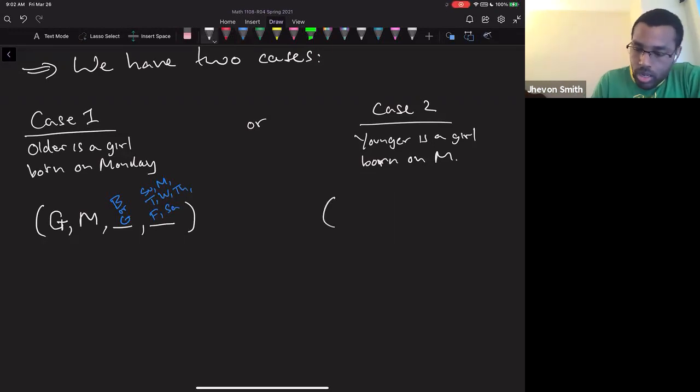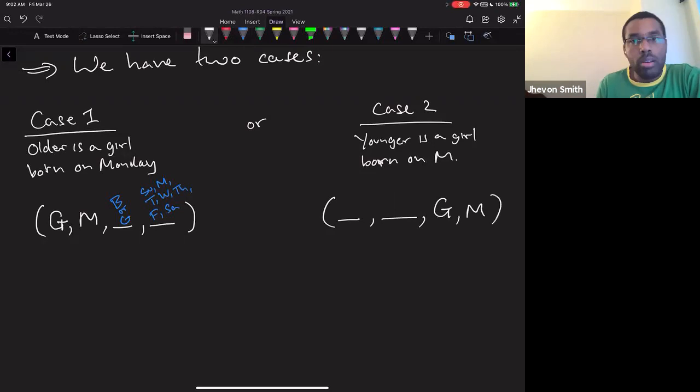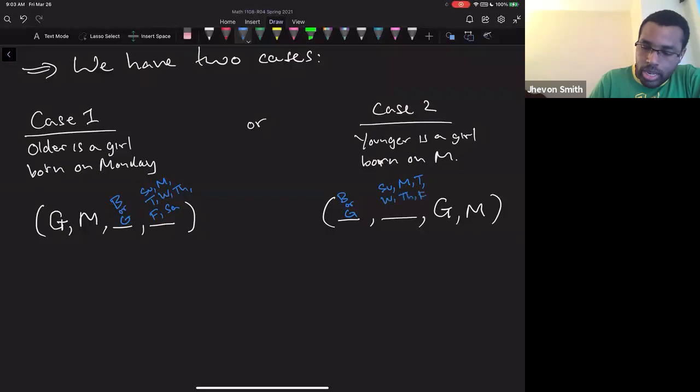Over here, I don't know about the older child, but if I assume that the younger is a girl born on a Monday, I have very similar options. It could be boy or girl in this position, and it could be Sunday, Monday, Tuesday, Wednesday, Thursday, Friday, Saturday.